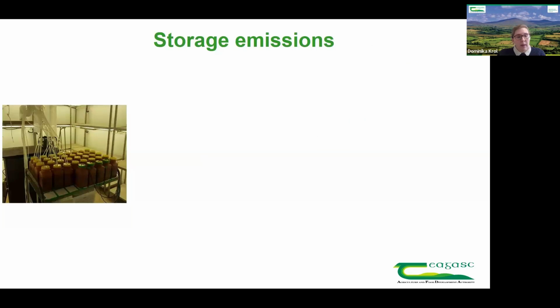Okay. However, why am I going back to storage emissions? This is a quick tour over slurry amendment work in the last few years. And what falls out is that chemical acidifiers and other materials that acidify slurry, lowering its pH, are effective in reducing emissions from storage.